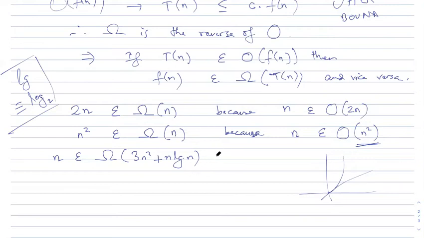This is because 3n square plus n log n is in the big O of n square.